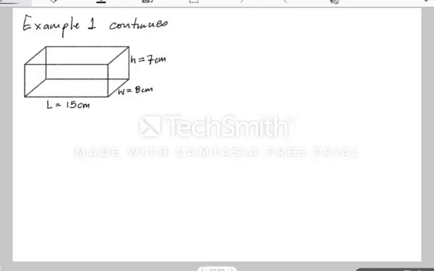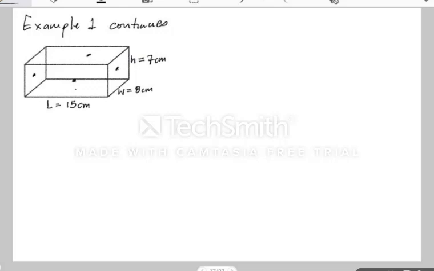What I'm going to do is find the area of all 6 surfaces and add them together. First of all, the solid has 4 sides. I could say that this is 1, 2 here at the front, one here, and one here. There are four sides.